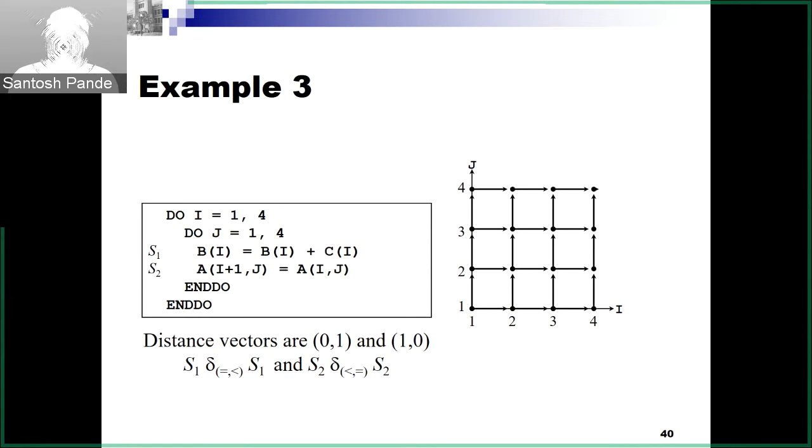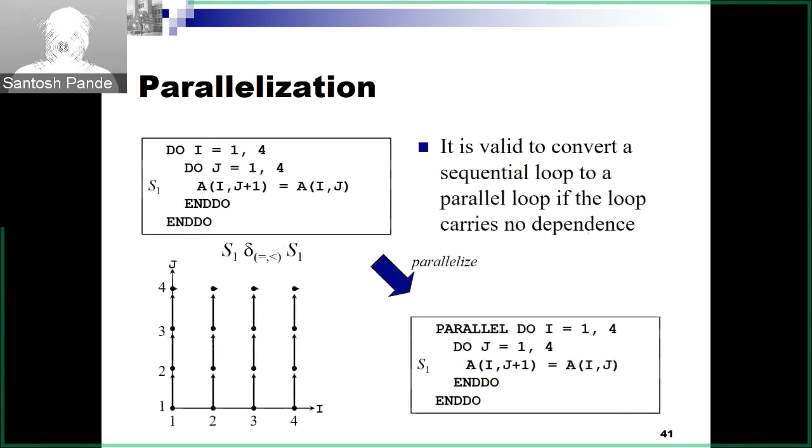This will be legal: less than, greater than, and greater than, less than or equal to. So both of these kinds of dependencies are fine. However, the one which was less than greater than is not really fine.